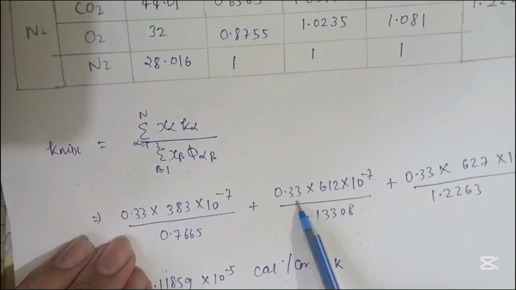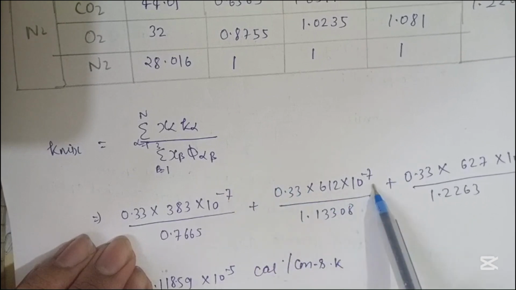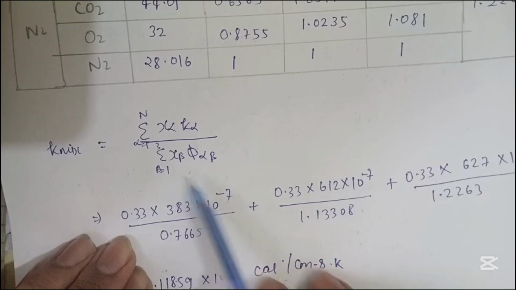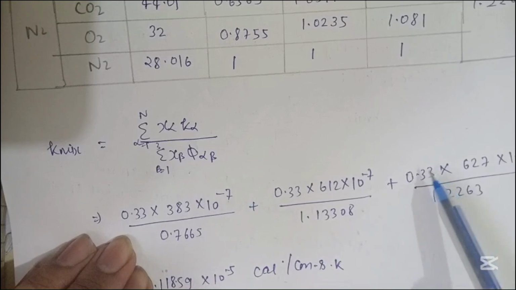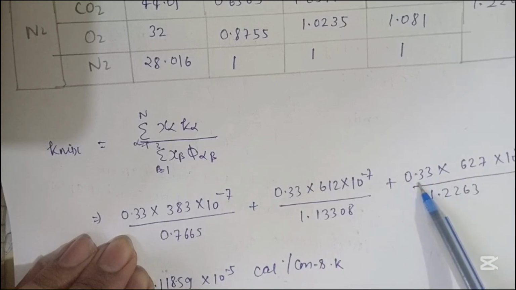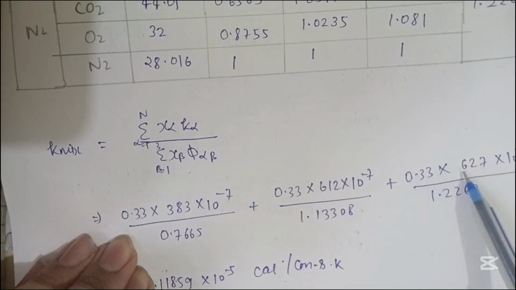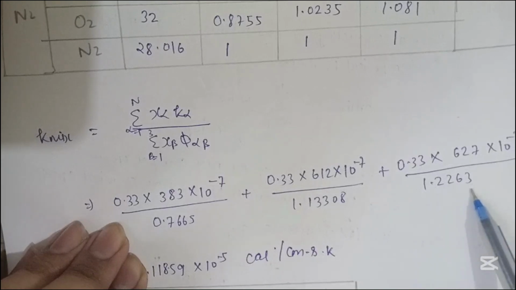And for O2, 0.33 is the mole fraction. The thermal conductivity value from the table is 612 into 10 to the power minus 7, and the sigma value is 1.133, plus for N2, the mole fraction is 0.33 as well, and the thermal conductivity of N2 is 627 into 10 to the power minus 7, and the sigma value is 1.2263.